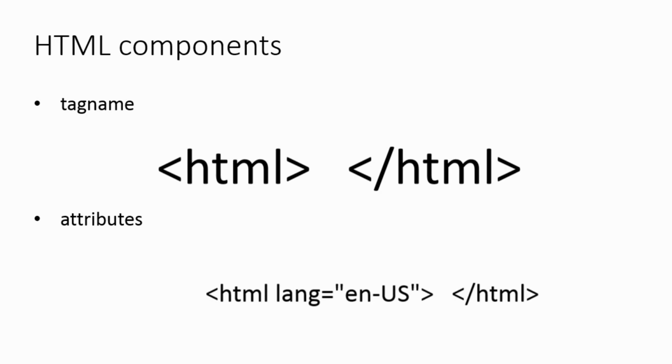For example, here you can see there is not simply html in its initial tag, it has lang equals to en-us. Over here lang is the attribute, and this attribute is telling something regarding the HTML tag.